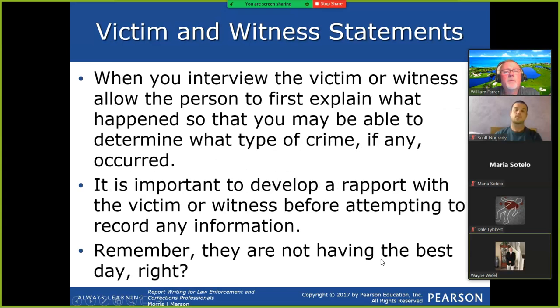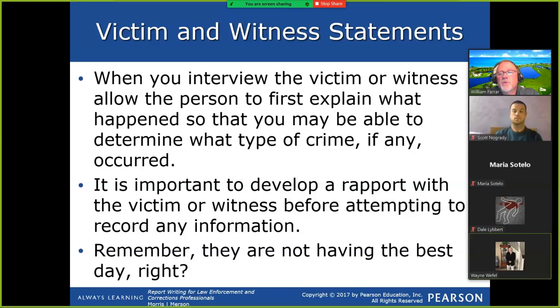Okay. So again, when you interview a victim or a witness, give the person a chance to first explain what happened, so that you're able to first determine if there was any crime. You don't want to jump the gun when somebody blurts out a statement and right away, oh, okay, that's a robbery.